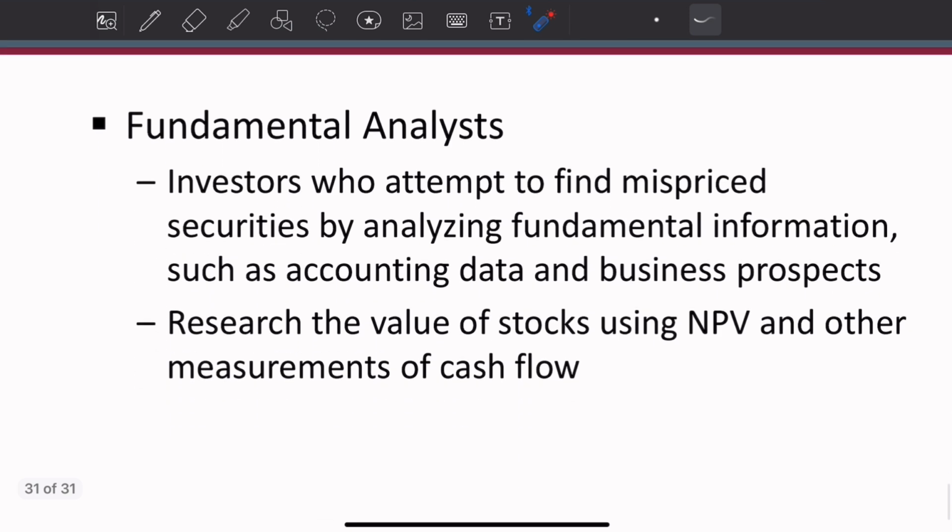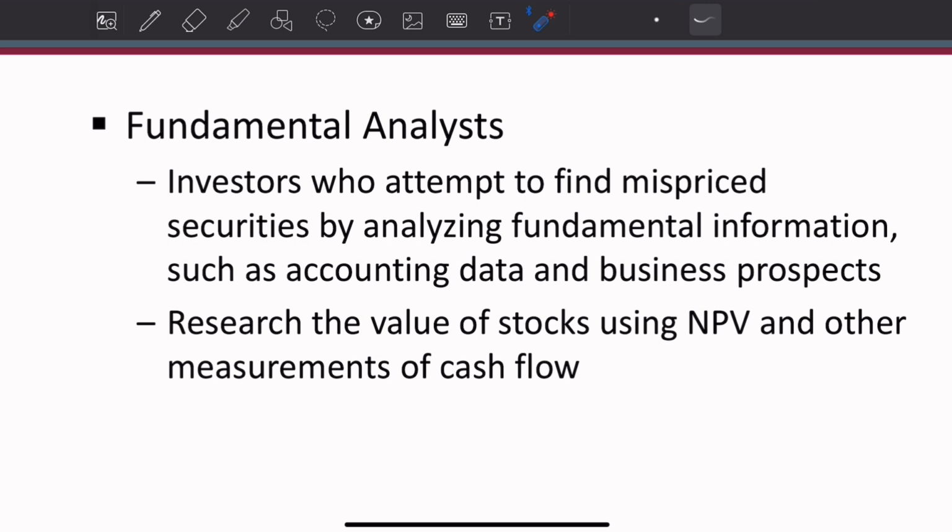Whereas fundamental analysts are investors who attempt to find mispriced securities by analyzing fundamental information such as accounting data and business prospects. They research the value of the stock using net present value and other measurements of cash flows, similar to what we've been doing in this chapter and in chapter 4 as well, using ratio analysis and things like that. This is what the fundamental analysts do.